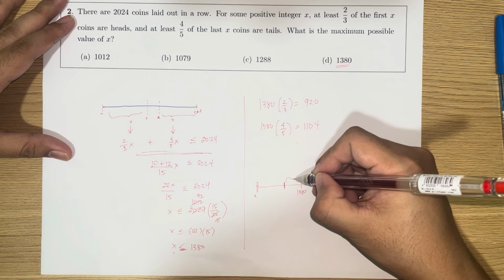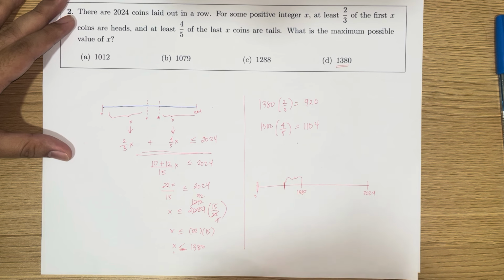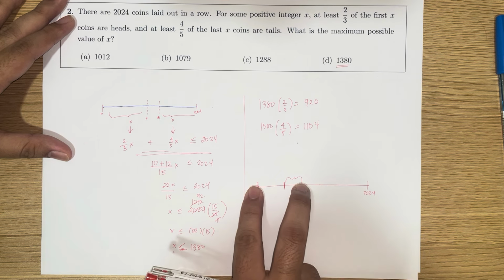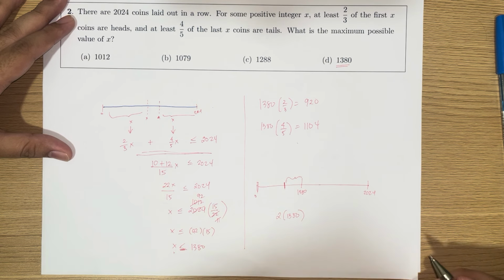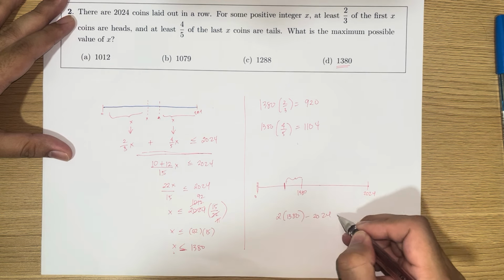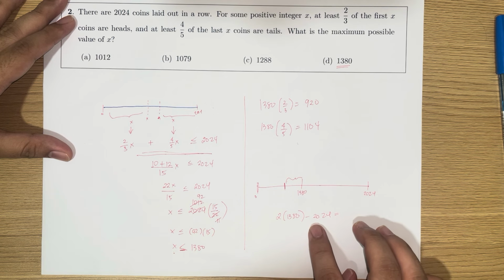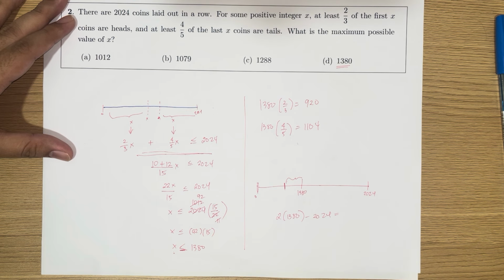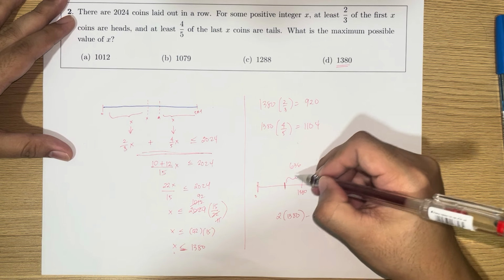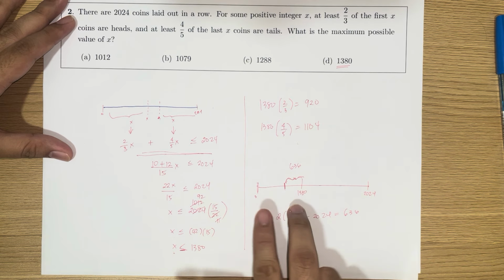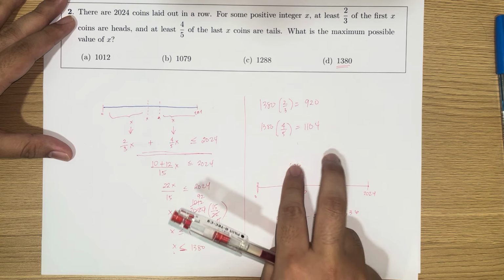And this overlap right here, how do we count that? We count that by adding this and adding that, so that's 2 times 1380 minus the total whole, that's 2024. And the difference of that is 636. So there are 636 coins where the first X and the last X overlap.